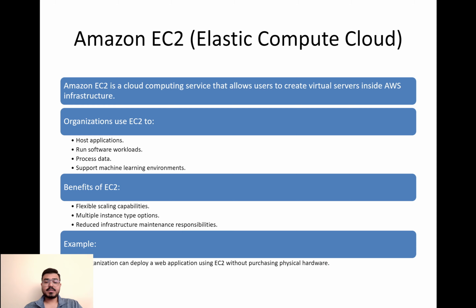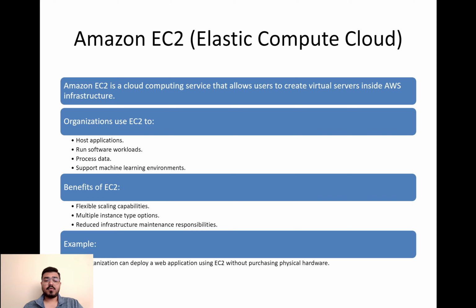Third, EC2 processes data. Applications often need computing power to analyze information and perform operations. EC2 can support these requirements. Another important use is machine learning environments. Machine learning workloads often require large computing resources, and EC2 helps organizations scale computing capability efficiently.